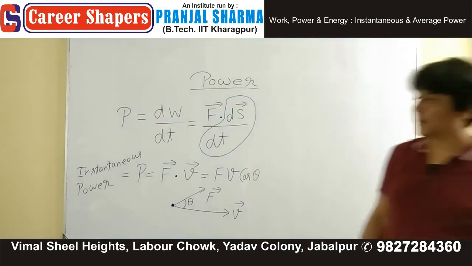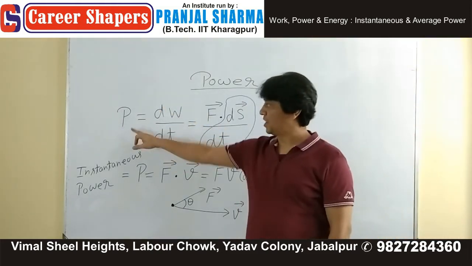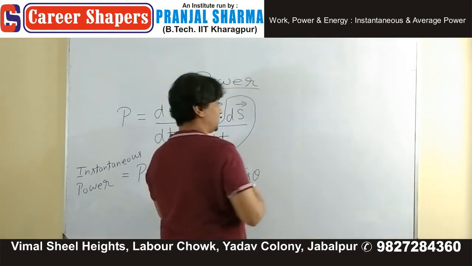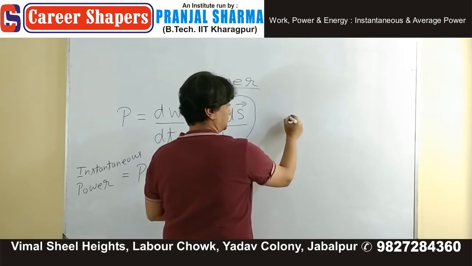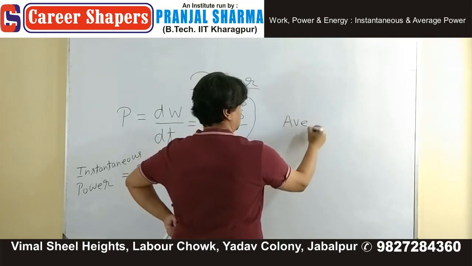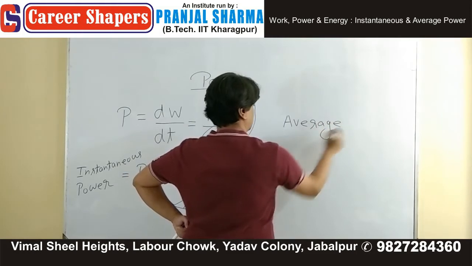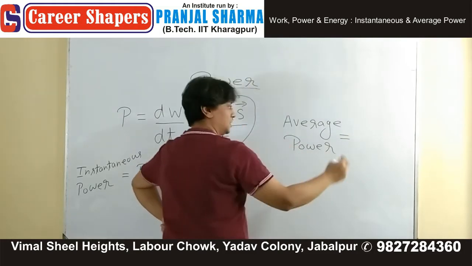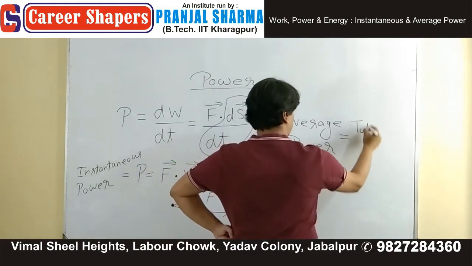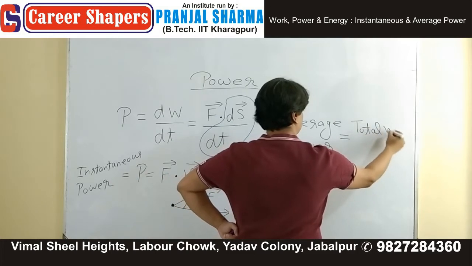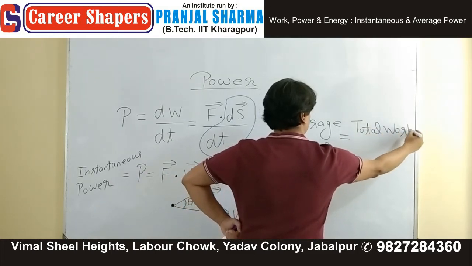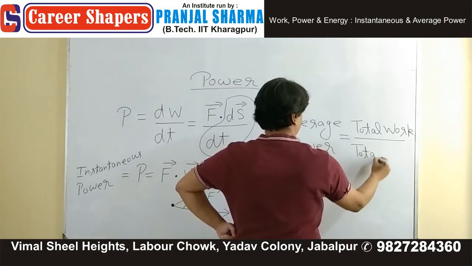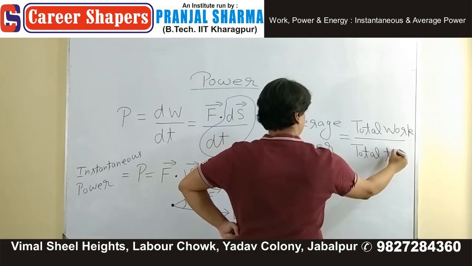And look at the shape of this power, work, time. This gives you average. Average power is total work divided by total time.